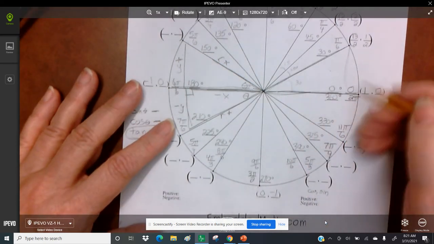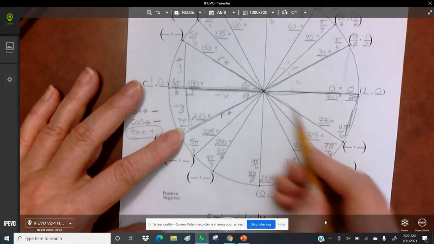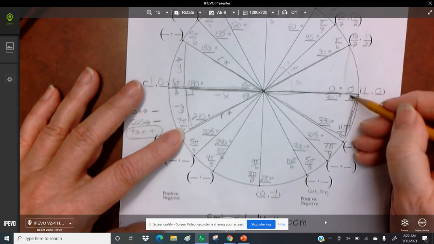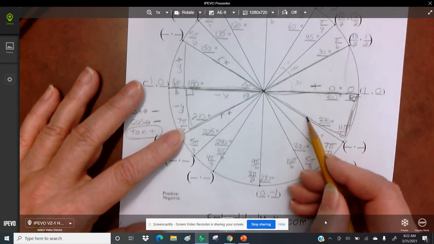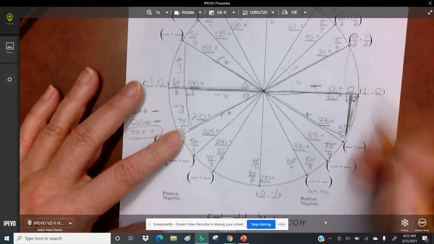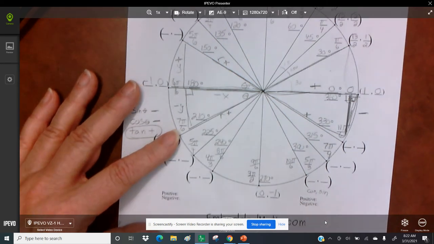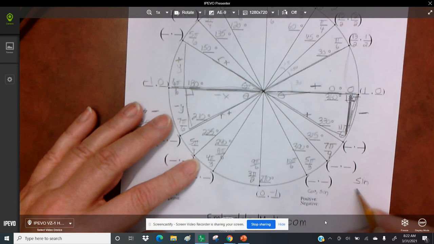Let's take a look at this triangle. I have a right angle. This is going to be positive. My radius is going to be positive. But now I'm going here in a negative y direction. So if this is my angle, I go sine, cosine, and tangent.